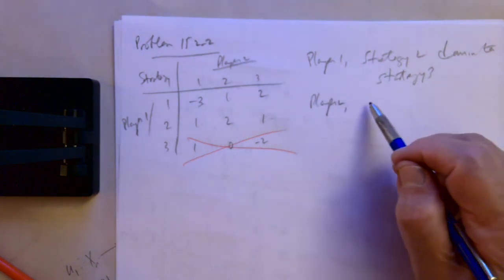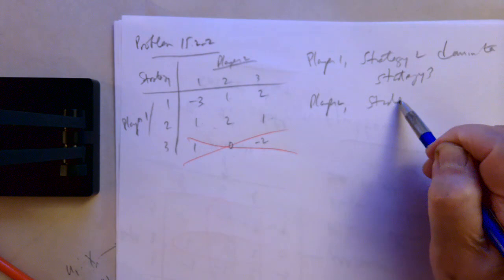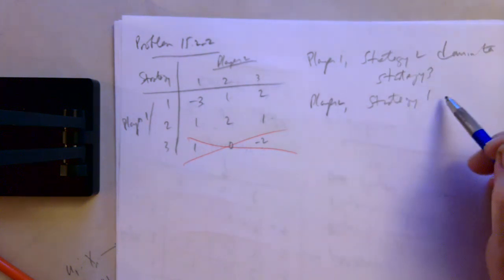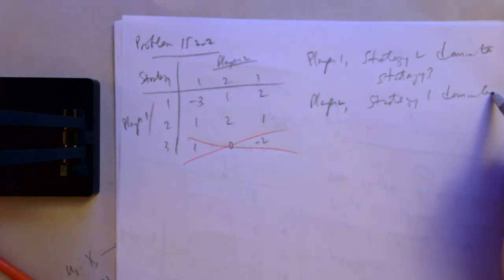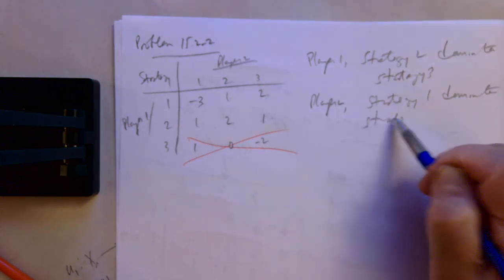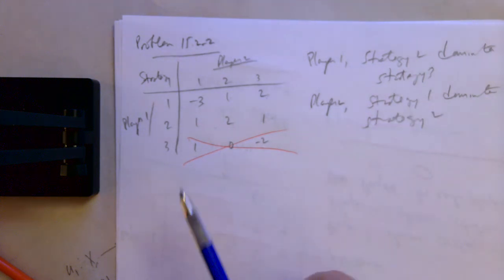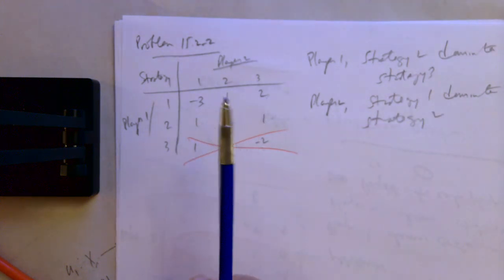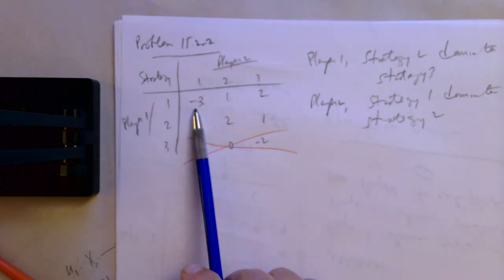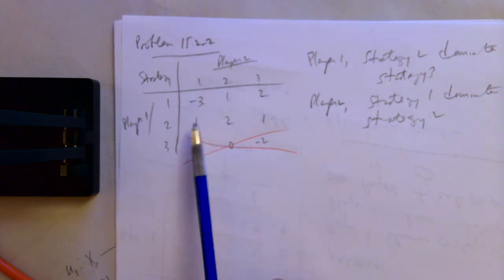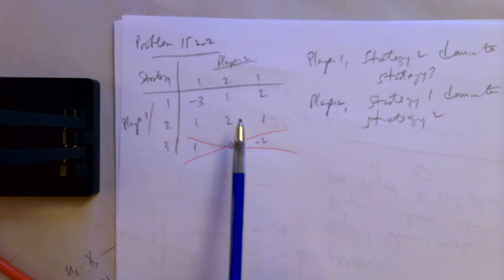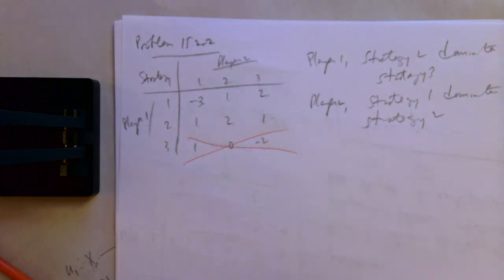So for player 2, strategy 1 dominates strategy 2. Here it's winning 3 as opposed to losing 1. Here it's losing 1 as opposed to losing 2. So player 2 is never going to choose strategy 2 when he can choose strategy 1.